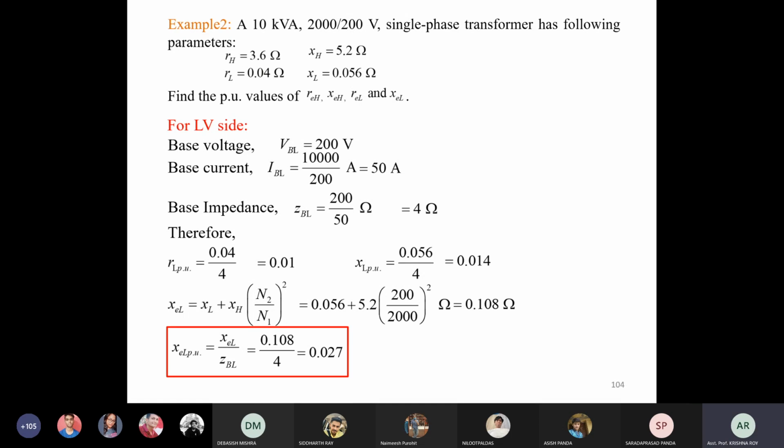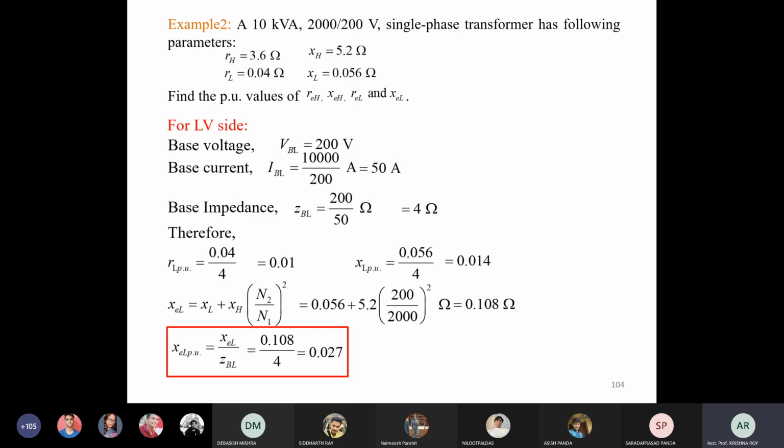Now, note one thing, that in calculation of REH, XEH, REL and XEL, we have not used these values, RL per unit, XL per unit, or RH per unit, or XH per unit. We have not used them. So why have we calculated this? I have calculated this to show you something.